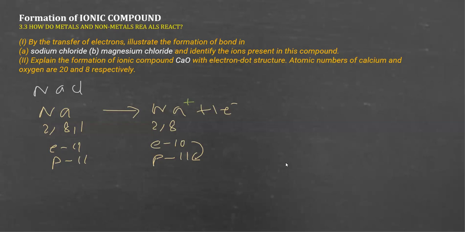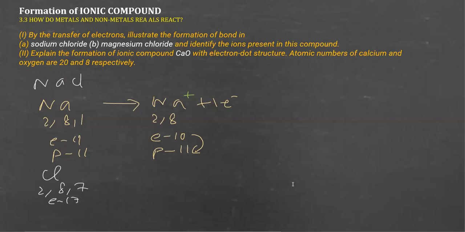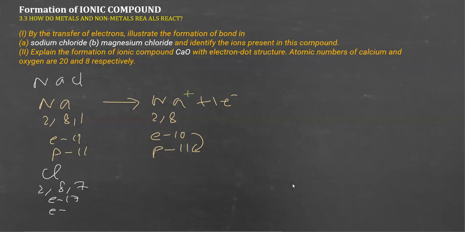Similarly, we can show the formation of the other ion, that is chlorine, whose atomic number is 17. So configuration is 2, 8, 7. It has 17 electrons and 17 protons as well. Now it will gain 1 electron. The electron gained is shown on the left-hand side. You can check here that after gaining, the new configuration becomes 2, 8, 8. As 1 electron is added, it has now attained the inert gas configuration.